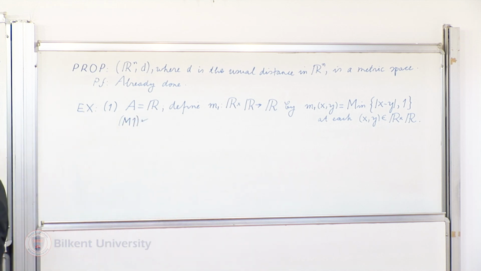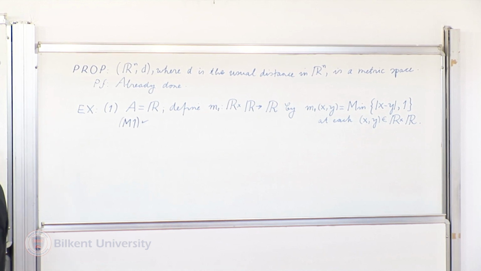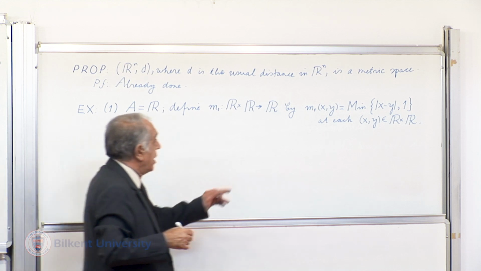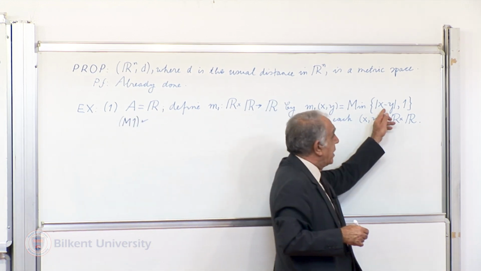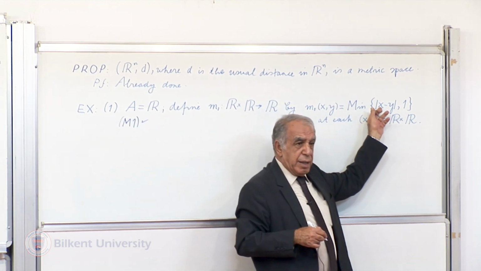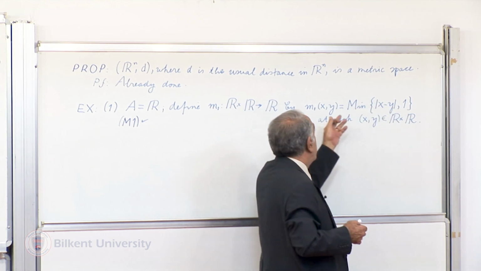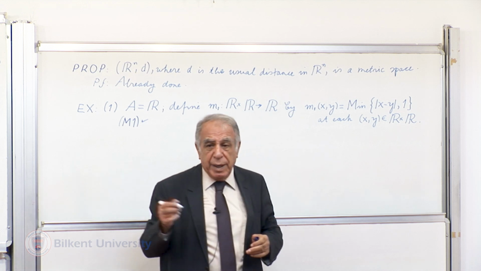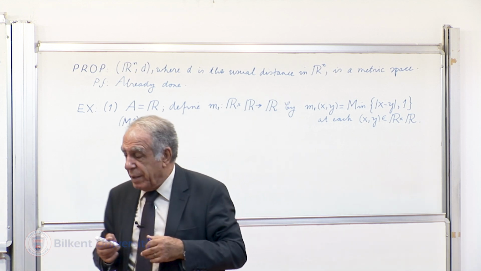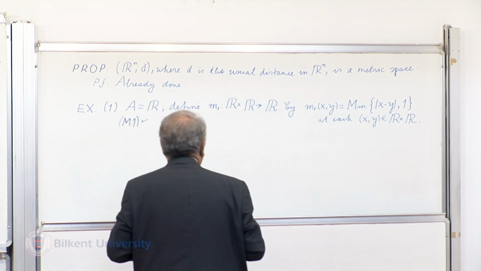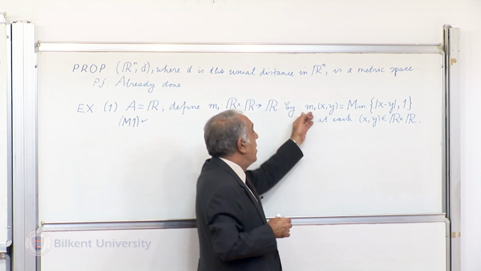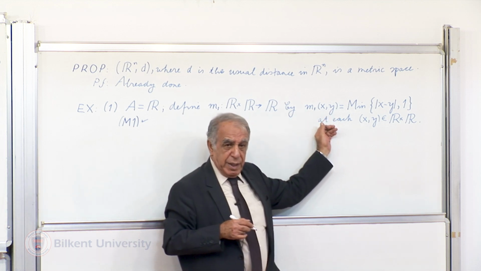Now, this has two parts. First, assume x is equal to y. Well, if x and y are equal, this will become 0. The minimum of 0 and 1, that will be 0. So m1(x,y), when x is equal to y, that will be 0. Let's go the other way around. Suppose m1(x,y) is equal to 0.